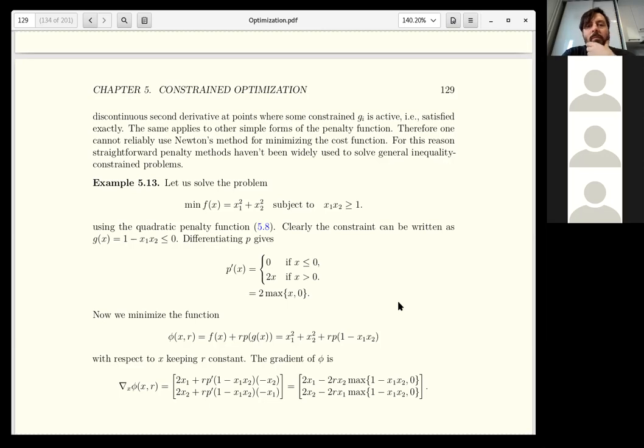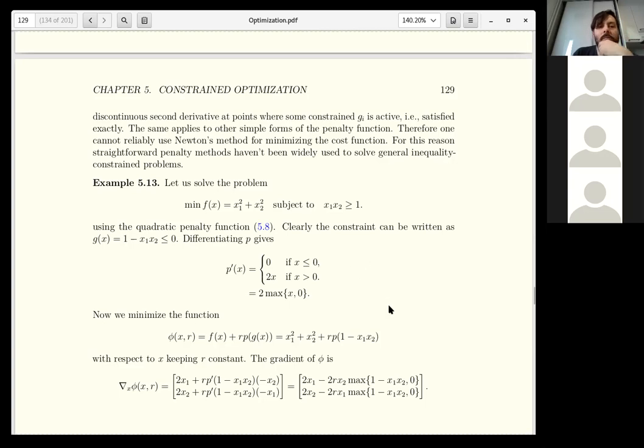We can rewrite this constraint as 1 minus x1 times x2 being less than or equal to 0. So the constraint is expressed as g of x equals 1 minus x1 times x2, which should be smaller than or equal to 0.